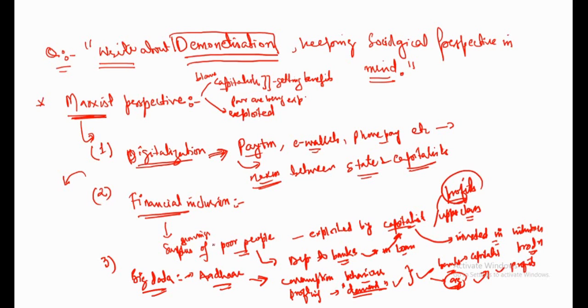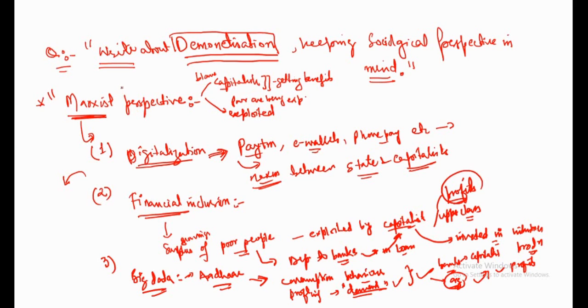So this is another point. These are some of the points on demonetization where capitalists are getting benefits. So this is how I applied the Marxist perspective.